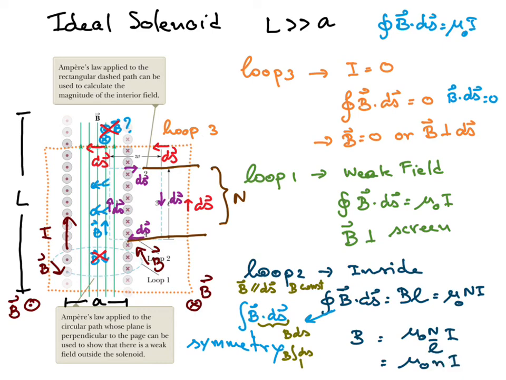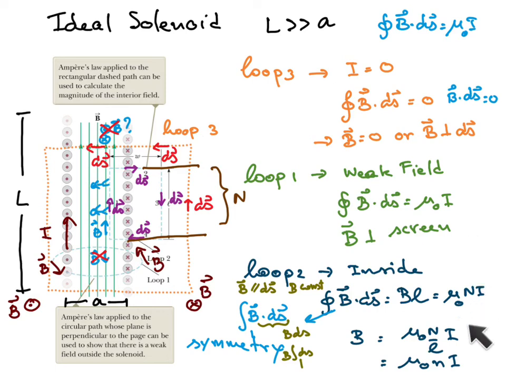Like we can have n of 1,000 wires per centimeter, or 1,000 maybe too much, but we can have n equal to 100 per centimeter.